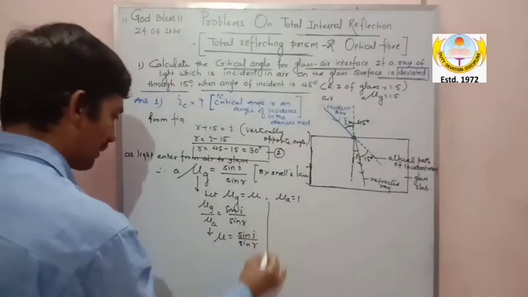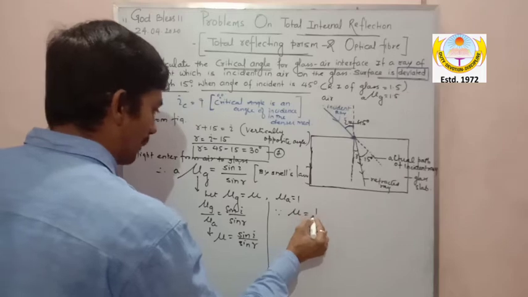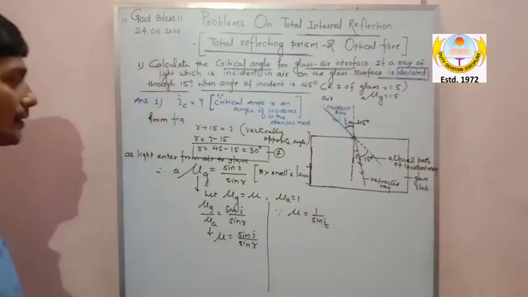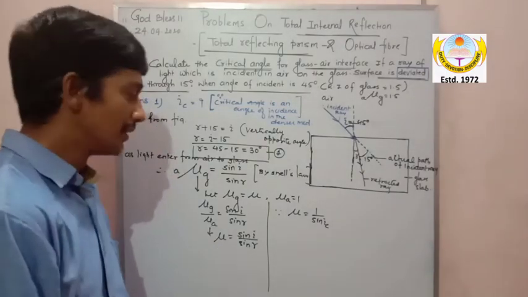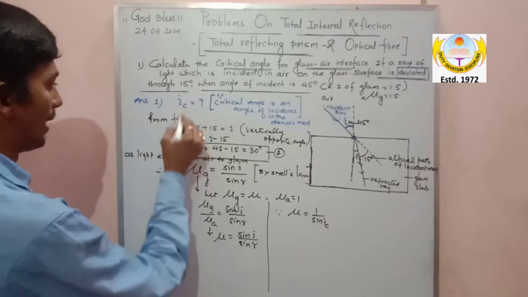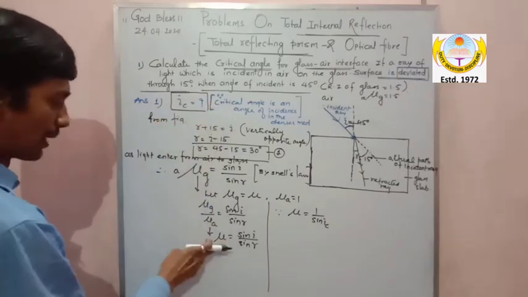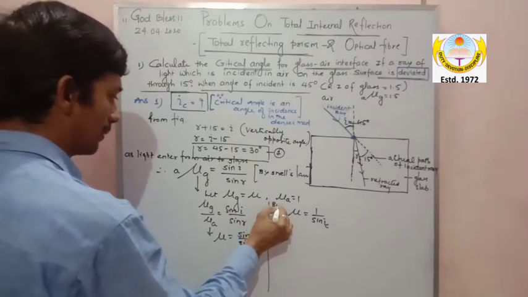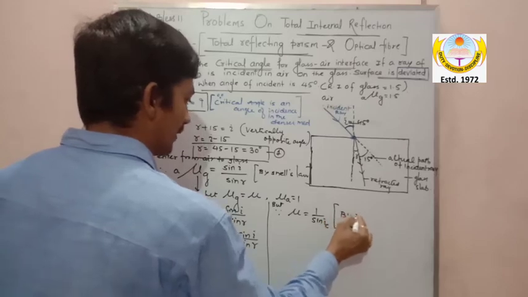But you all know that, my dear, mu is equal to 1 upon sine IC. So now what will happen, my dear? I need to find IC. You can see here, I got mu is sine I by sine R, but mu is equal to 1 by sine IC by relation.